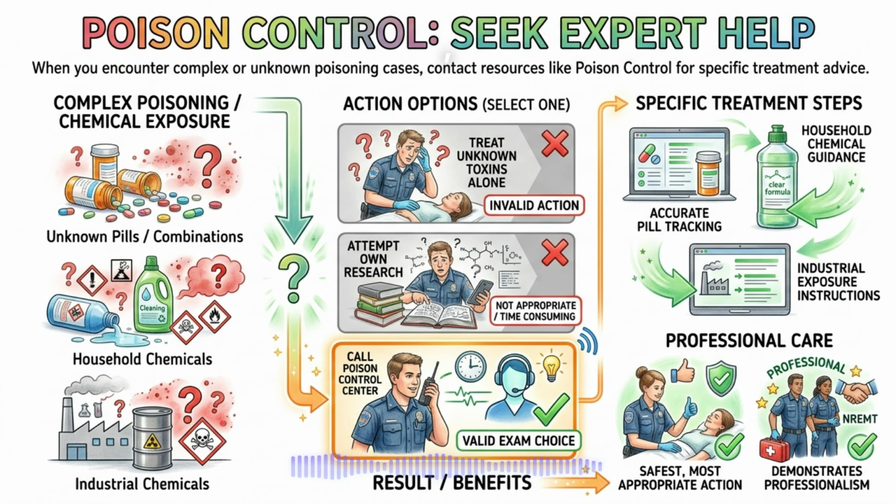They can track exact pill combinations, household chemicals, and industrial exposures to tell you exactly how to treat your patient. Knowing when to ask for expert help is a hallmark of a professional EMT. And exam scenarios will often present this as the safest and most appropriate action.